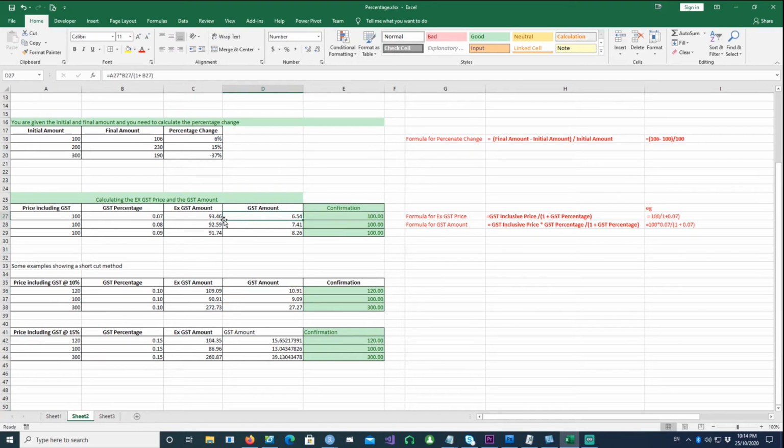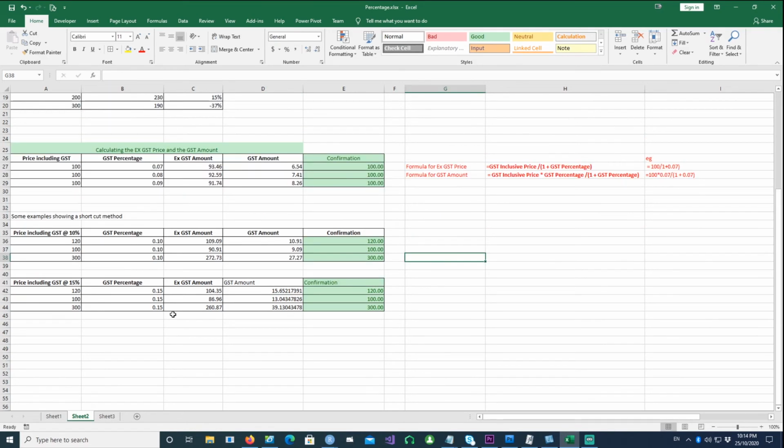Instead of using that big formula, you can simply divide by 11, and then you get the GST amount. Similarly, you can also do the original amount minus the GST component, which is 120 divided by 11. If you calculated this amount, you can obviously get the other amount by subtracting it.